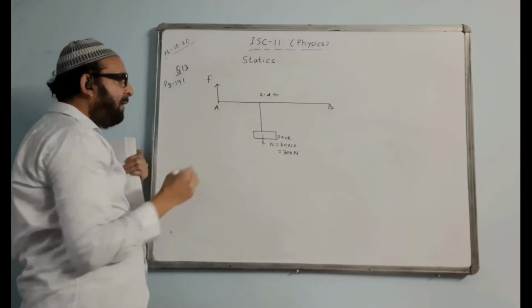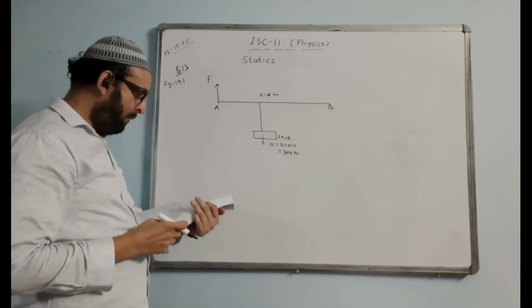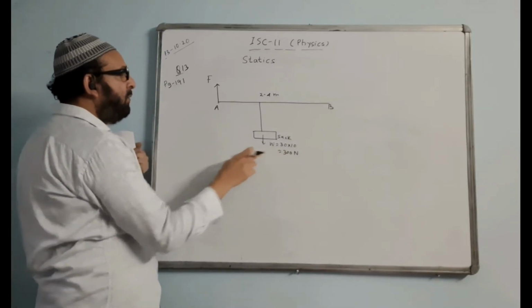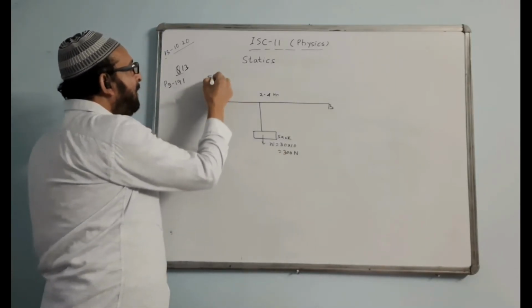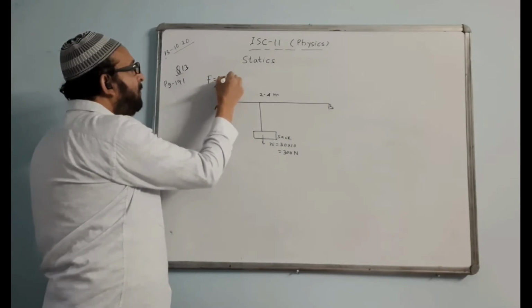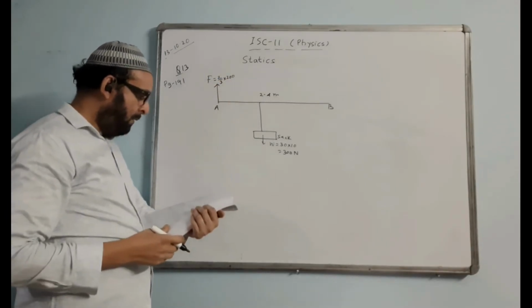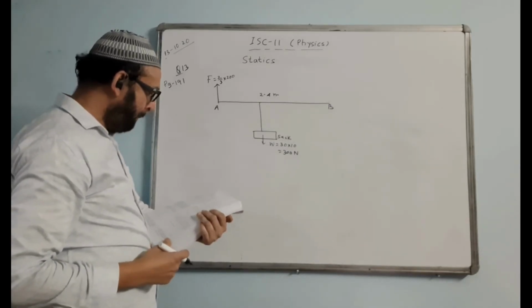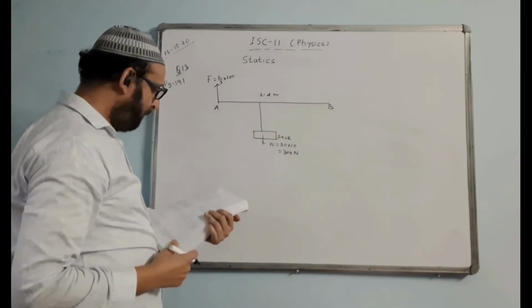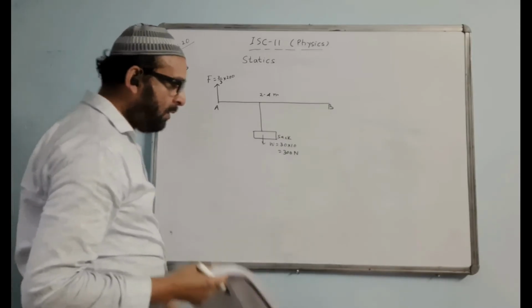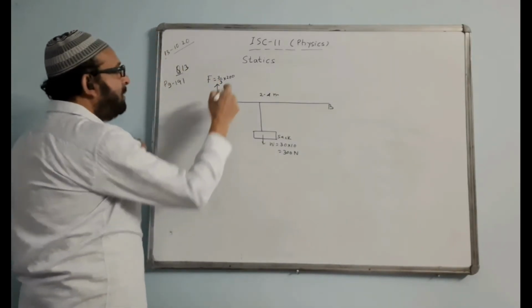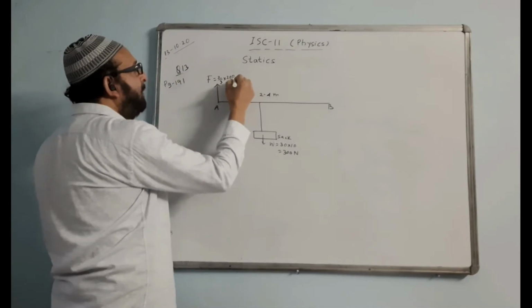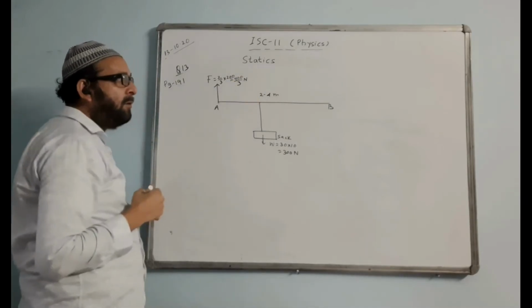This force I write as F, equal to 2/3 of the load. 2/3 of 300 is 200, so F1 is 200 Newton. Let me correct myself, I made a mistake earlier.